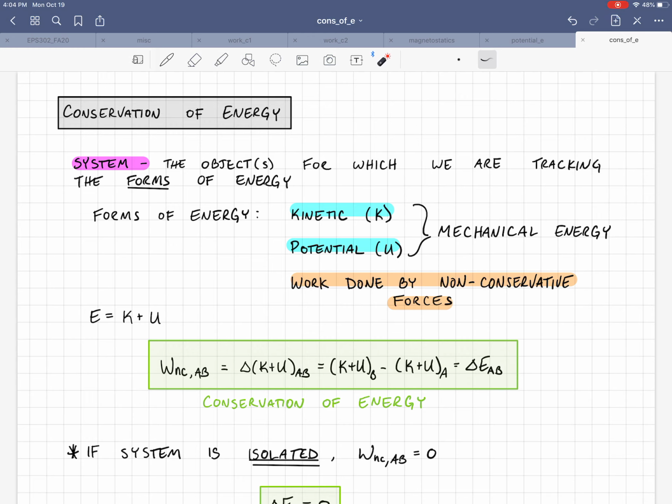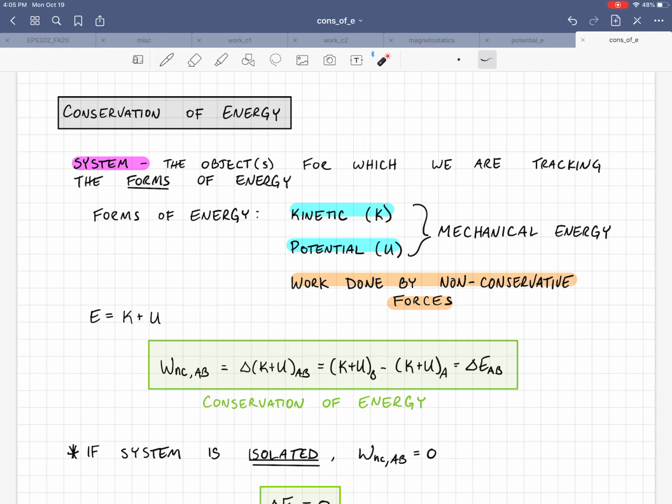Gravitational potential energy and spring potential energy are two forms that we'll see in 101. If you add up the kinetic and the potential energy, we refer to that as the mechanical energy of the system. I've got written over here this E. E equals K plus U, so that's our mechanical energy of the system.